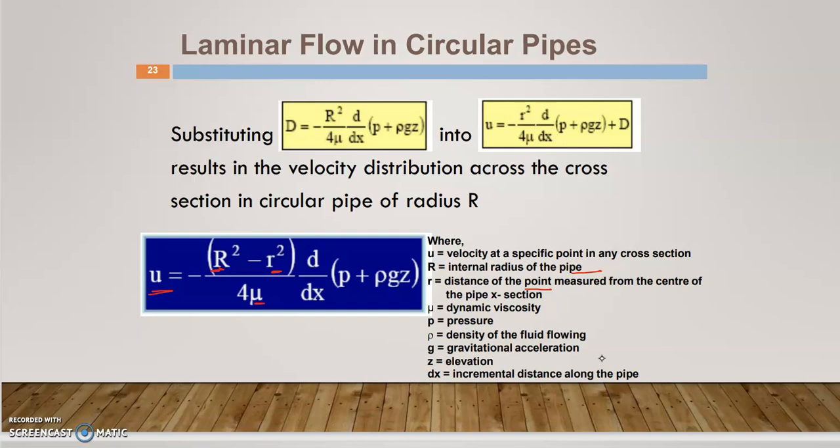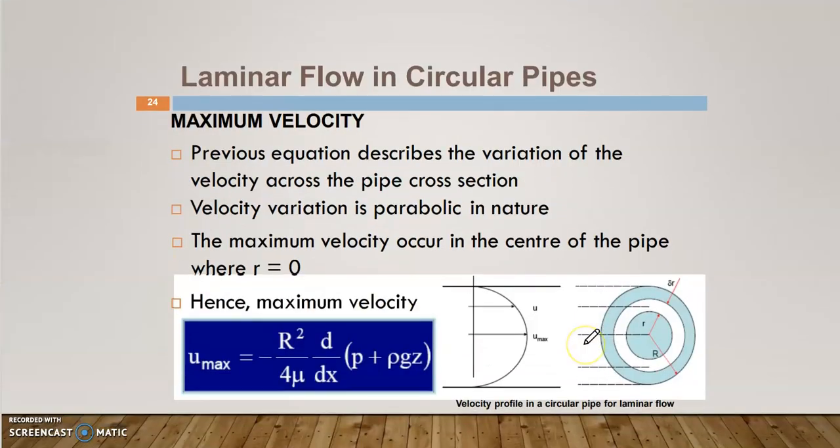Mu is the viscosity of the fluid, d over dx is the derivative of the pressure P, rho is the density of the fluid, g is the gravitational acceleration, and z is the elevation of the pipe. So we can get the velocity of the fluid. We will go to the maximum velocity in the next video. Thank you.